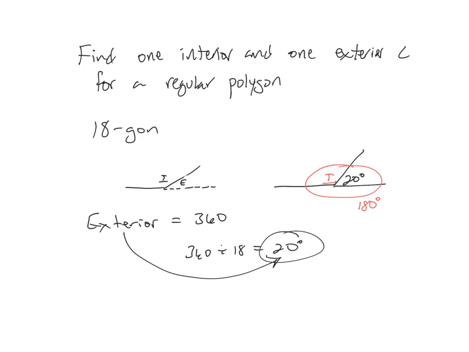So all I need to do is 180 minus 20 is 160 degrees, and that's the interior angle. I don't need to do this big process that you can see in the book if you want to look at it. It's just way simpler because exterior is always 360. Just divide it and then do minus 180 for the interior.